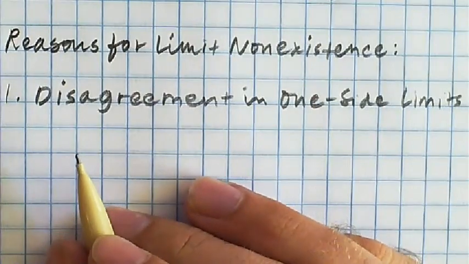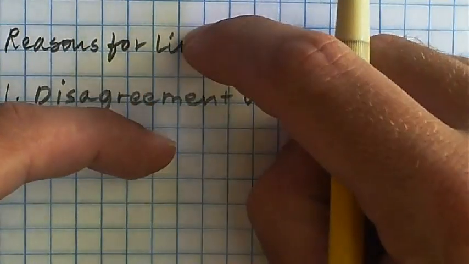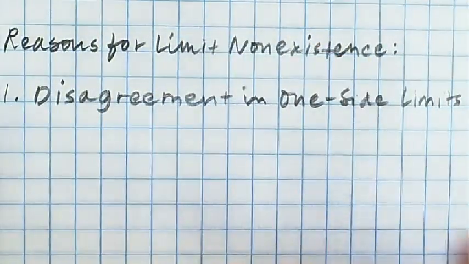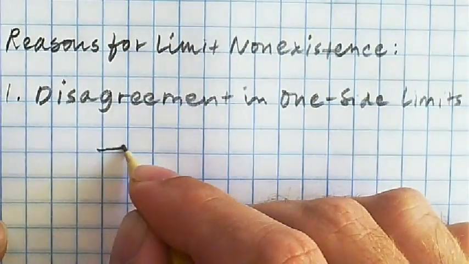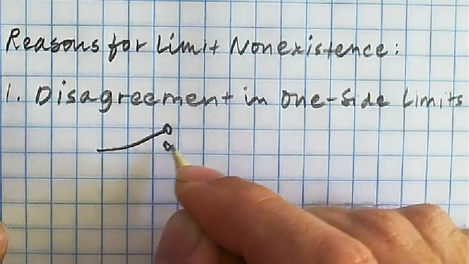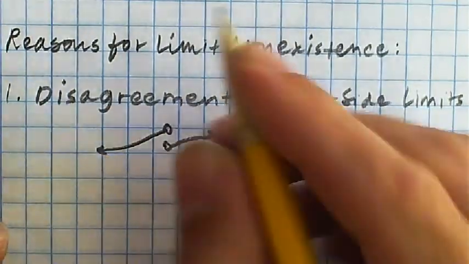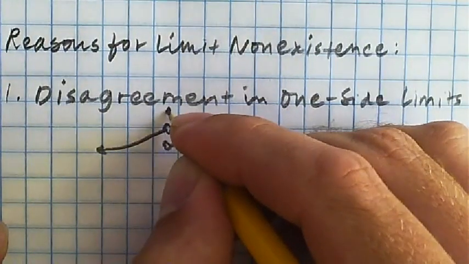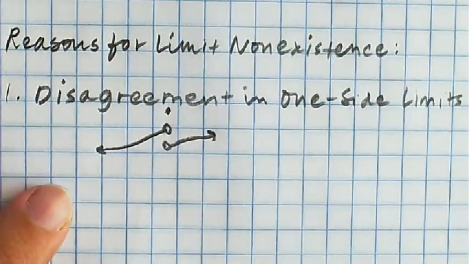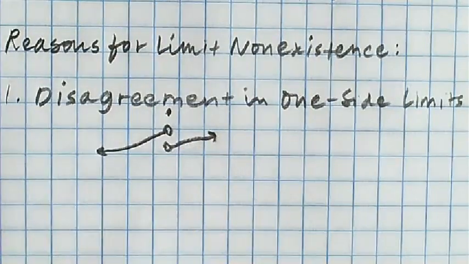That is the hallmark of a jump discontinuity, that we've got 2 different pieces and they are not meeting up with each other. So that's really what we have, disagreement in one-sided limits. So, maybe something like this, and maybe I'll even spice it up and put the actual value of the function right here. Something like that is a disagreement in one-sided limits, because over here I'm going to something larger than what I'm going to from the right.